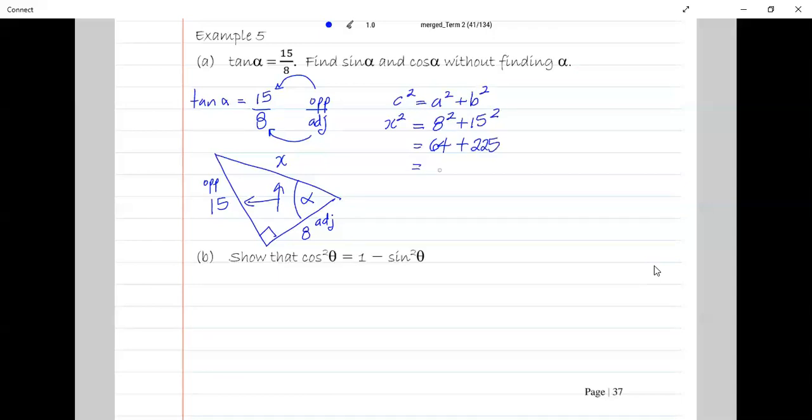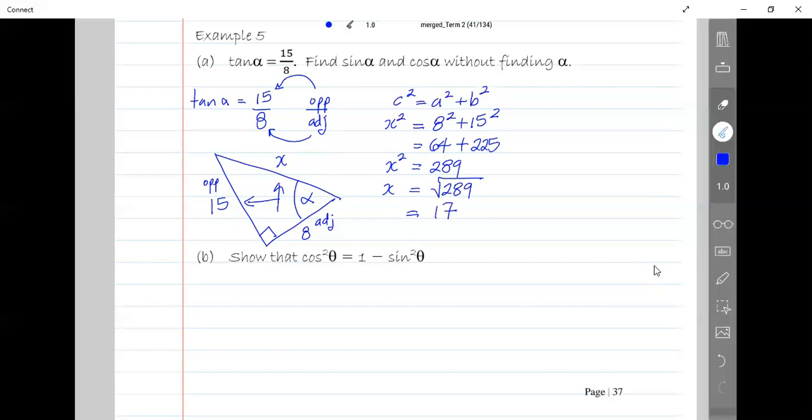When you add them, you get 289. Now, the opposite of square is square root, and so x, which is the hypotenuse, would be the square root of 289. You put that in a calculator, and x comes out to be 17.